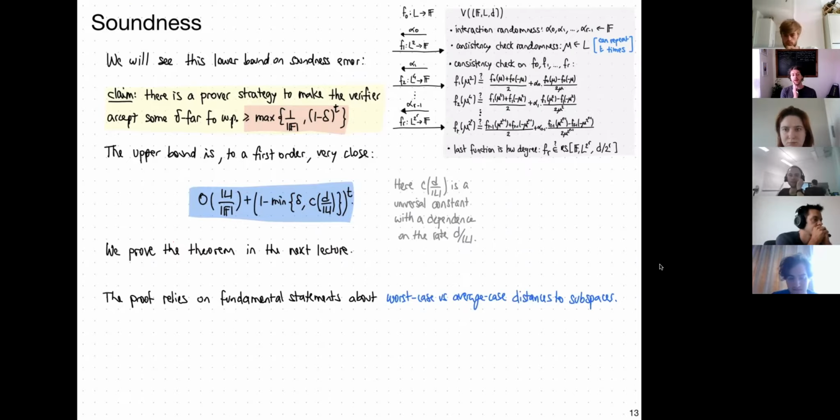And just to say that the proof itself, at this point, we could have just stopped and said you have some intuition of the protocol. But I think the proof has some really nice fundamental mathematical statements regarding worst case to average case distances between general linear subspaces. This is an interesting question that one can always ask. Suppose I have 2 linear subspaces, and I have one point that is delta away from one subspace to the other.